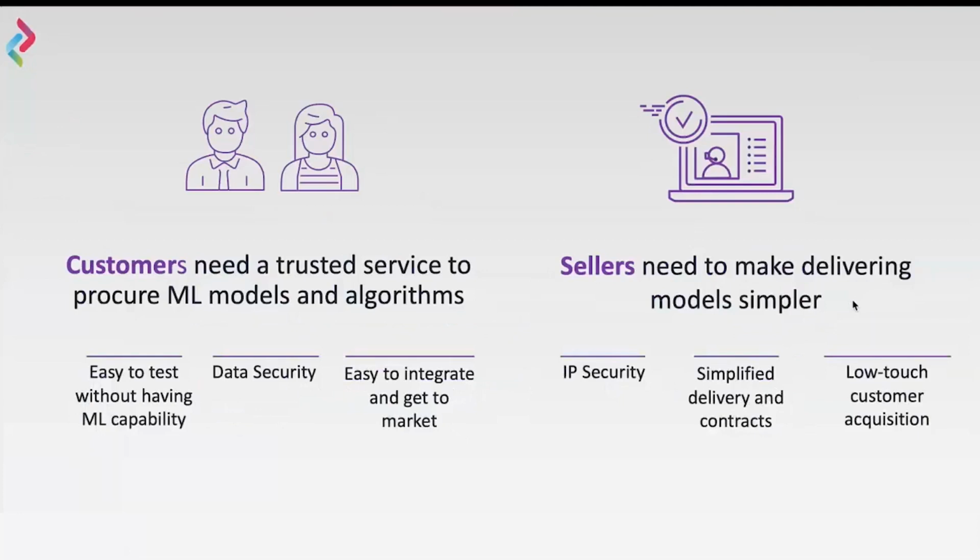We looked at a couple of needs from the customers, where they wanted to use these models very easily and test them easily in their own environment without having any machine learning capability. Customers needed data security. While they were using these models and algorithms in their own environment, they wanted to protect the privacy of their own data without having to share it with any external parties.